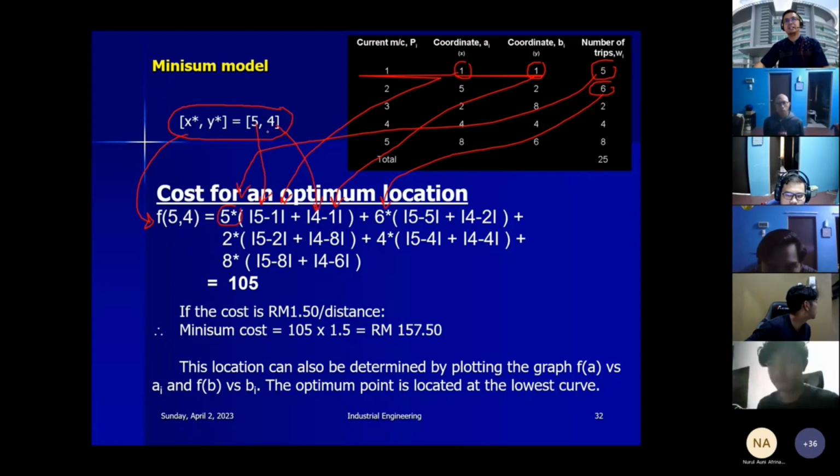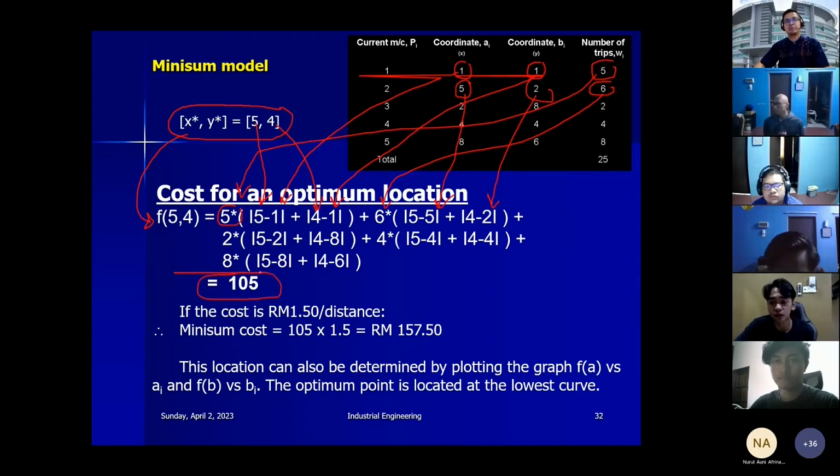Same location, X star, Y star here. 5 or 6. And look at our 5 and 2. Put it here, 5 and also the number 2 until the rest. So you will get the cost for the optimal location of 105.